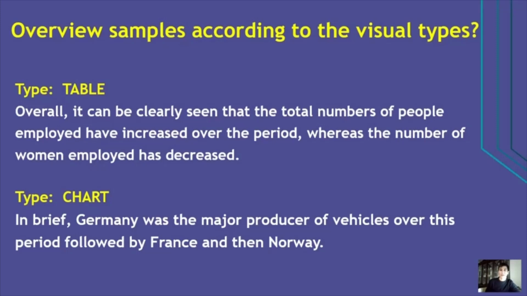As you can see, there is a very nice overview without any data like statistics, numbers, or even time periods. And second type, chart. In brief, Germany was the major producer of vehicles over this period, followed by France and then Norway.